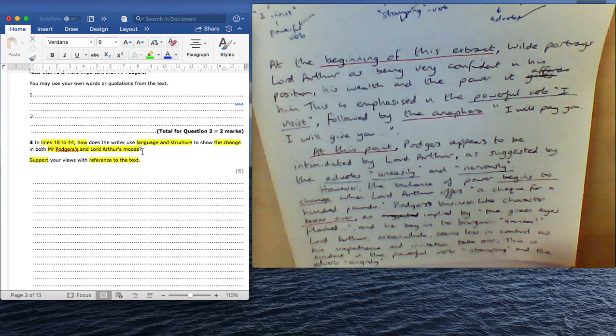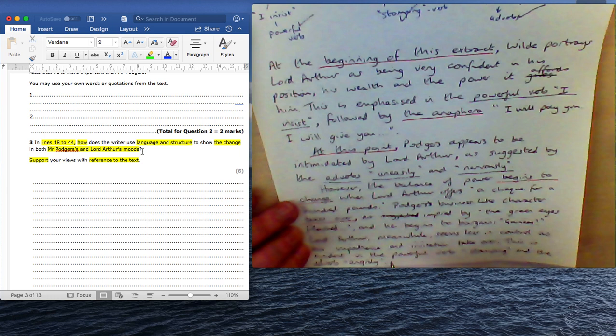The businesslike character takes over as implied by the green eyes flashed, and he begins to bargain. Guineas. Lord Arthur, meanwhile. Now "meanwhile" again is another phrase that locates the point you're making, the idea you're expressing, at a specific location in the text.